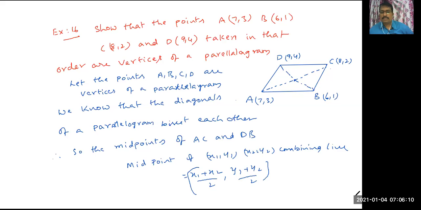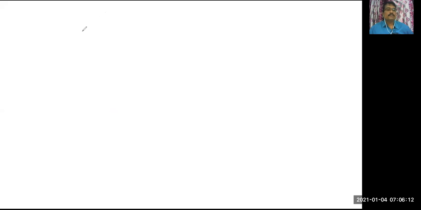A is (7,3), B is (6,1), C is (8,2), D is (9,4). So I am going to take the midpoint of AC.